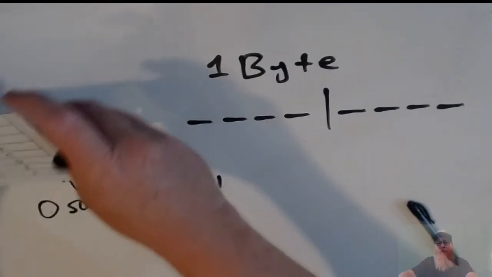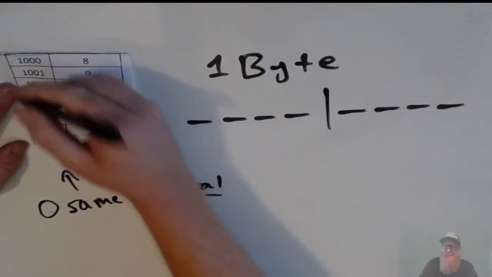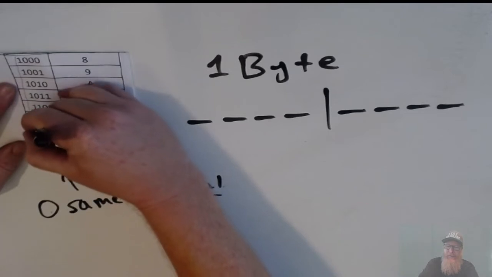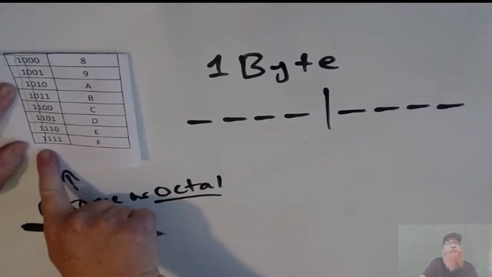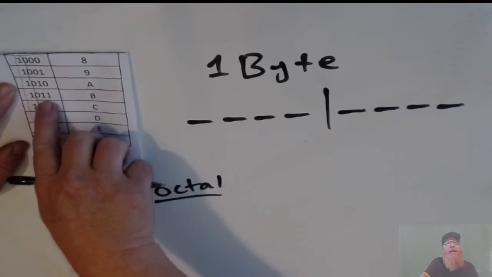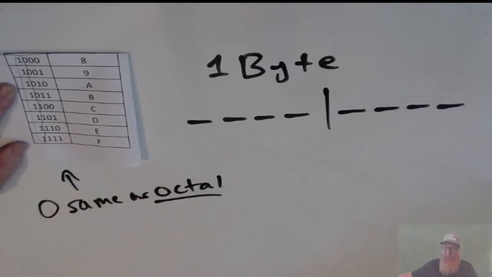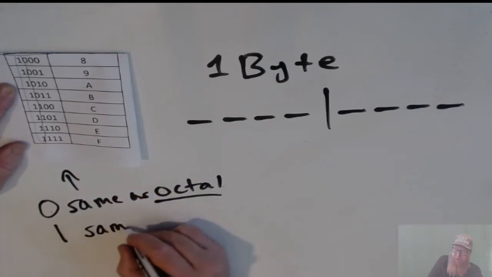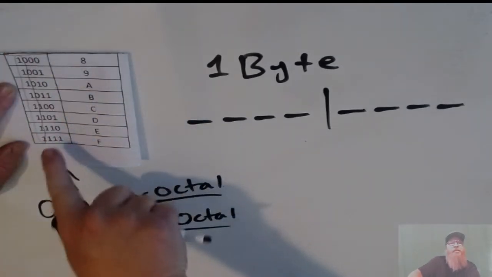And then when I flip this over, notice the pattern. It's exactly the same pattern as the octal. It counts through all the octal digits all the way to 1, 1, 1. But you just put a 1 as the first digit.